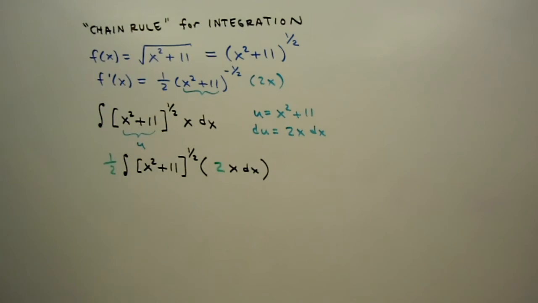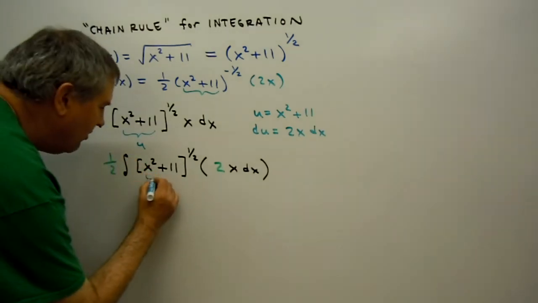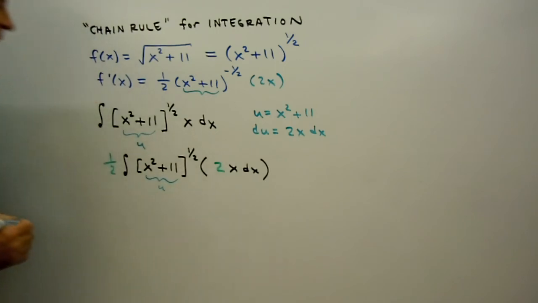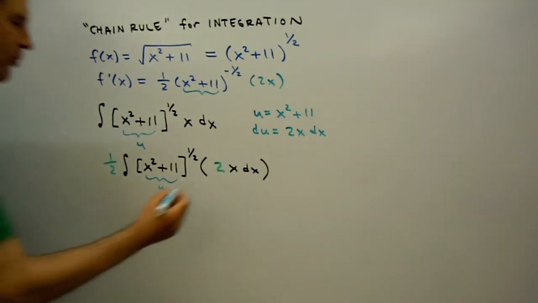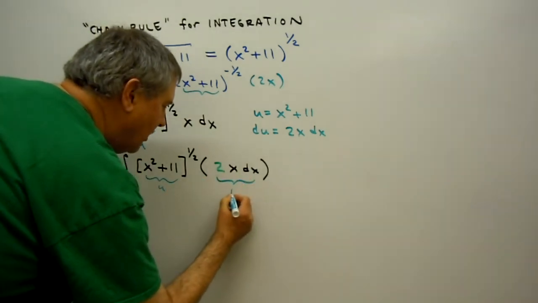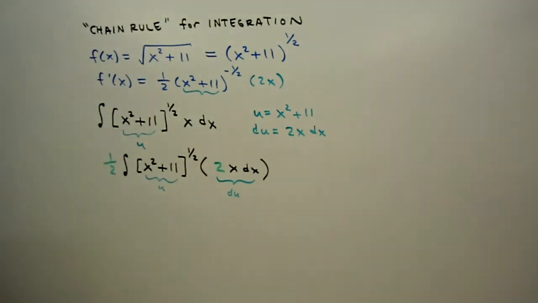And now it's set up to actually do the integral, provided that we have the proper u inner function, which is x squared plus 11, and the derivative of that u, du, on the outside. And then going in reverse, we want to find what was the function that had now that for the derivative.